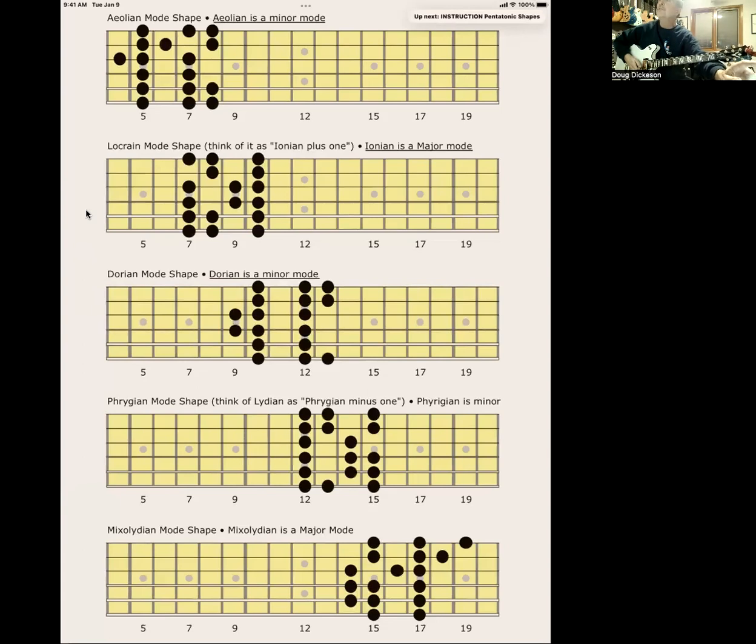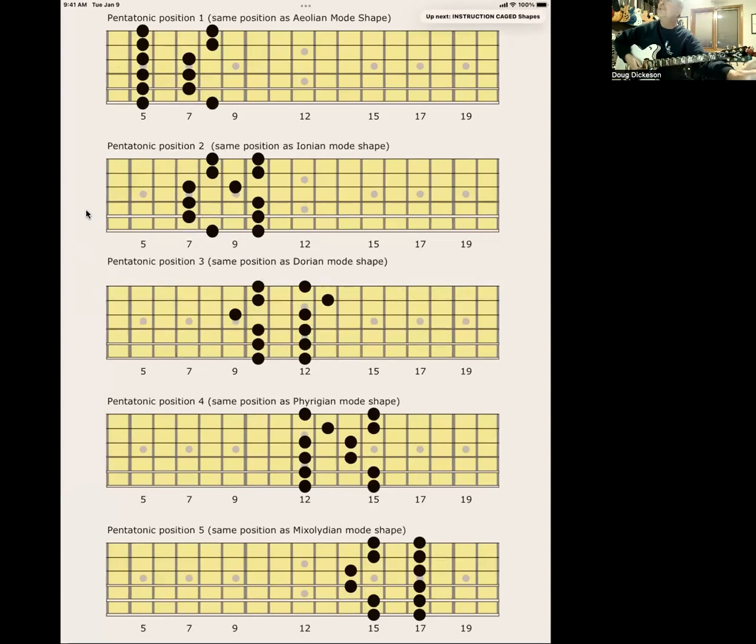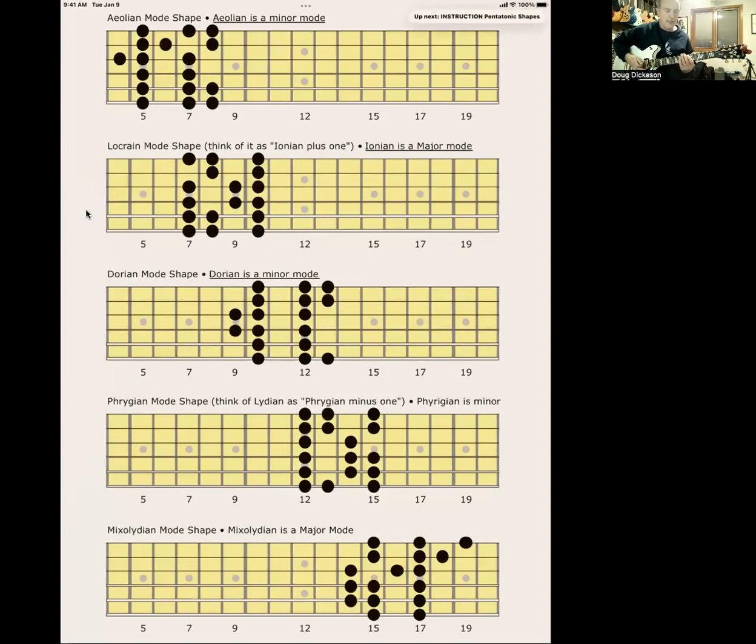Okay, just keep looking at those as I'm shifting back and forth. So now I'm going to play pentatonic position 1, shift back and play the Aeolian mode shape. See how those have a lot in common there?